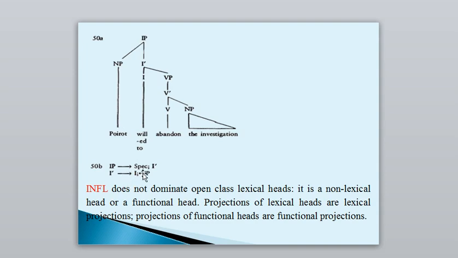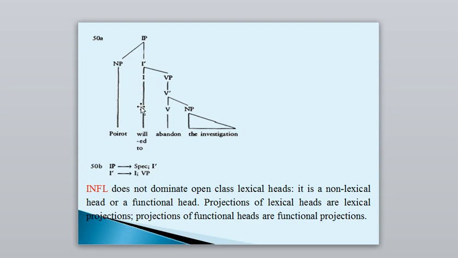In the phrase structure rule, we show it again here. From top to bottom, IP consists of a specifier, the subject, and I-bar. Then I-bar is composed of the head I and the complement VP.